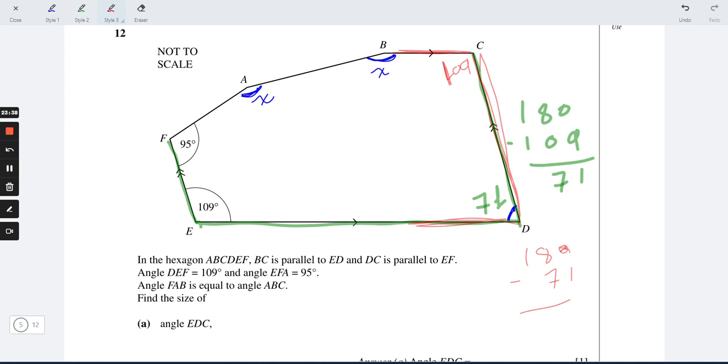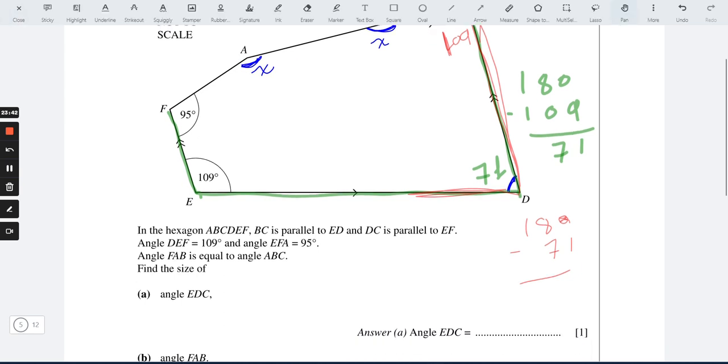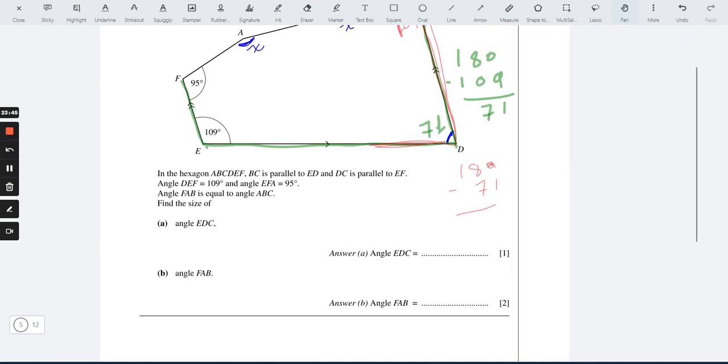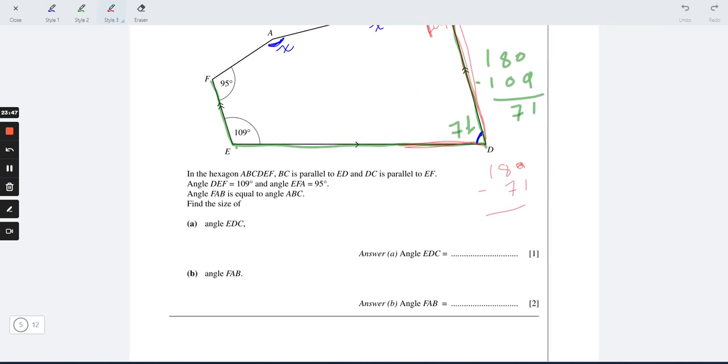Now they need angle FAB. So here don't forget to write 71.